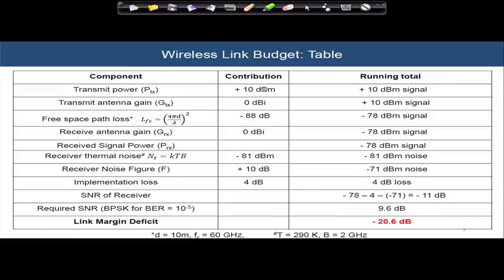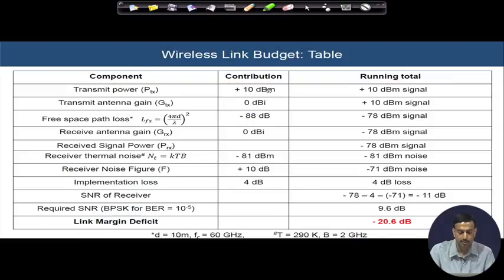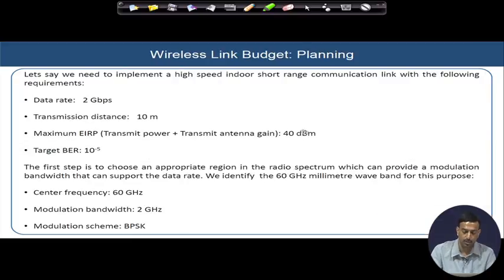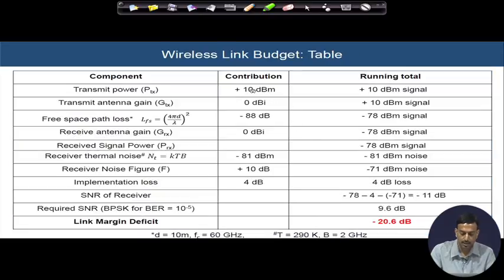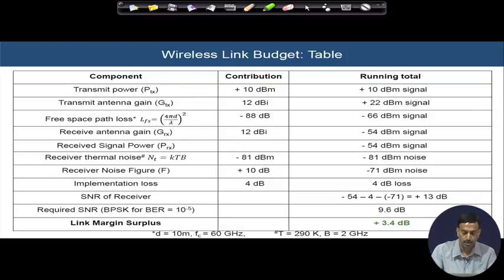To start with, we can increase the transmit power, because the maximum transmit power plus GTX was specified to be about 40 dBm, if you recall in this particular expression. So this can be done by either increasing the transmit power or by incorporating an antenna which gives you a gain. Either of these two are possible. So that is what we are going to do next.